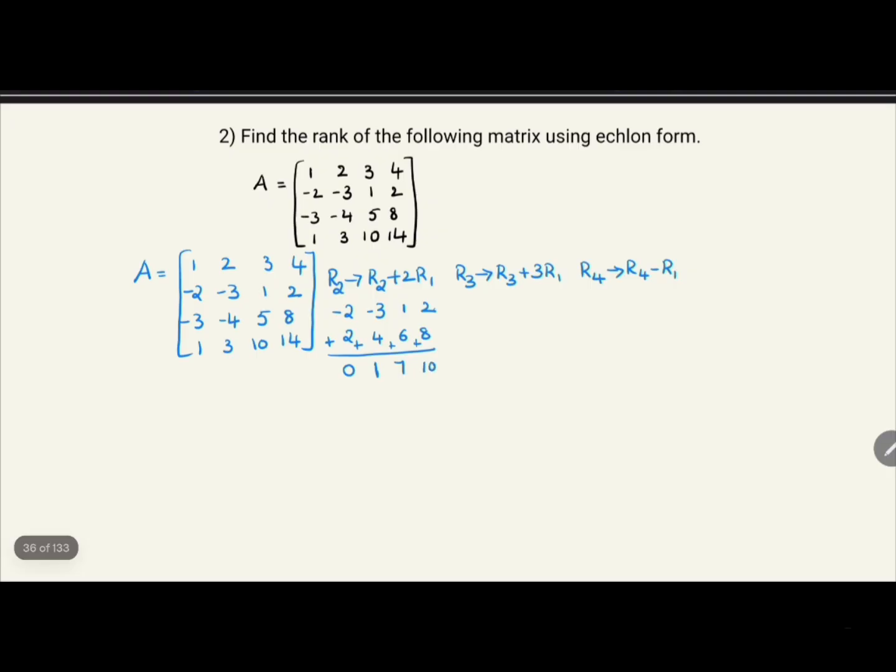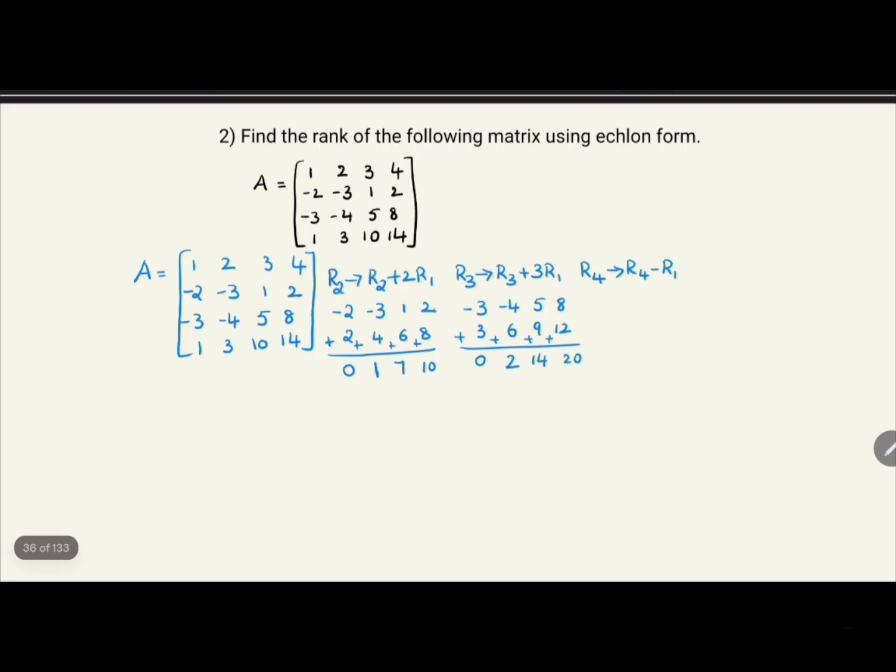Okay. Now coming to the second row operation, R3 plus 3R1. What is R3 here? Minus 3, minus 4, 5, 8. Okay. R1 multiplied by 3. So 3 ones are 3, 3 twos are 6, 3 threes are 9 and 3 fours are 12. And I will add all these: 0, 6 minus 4 is 2, 14 and 20.